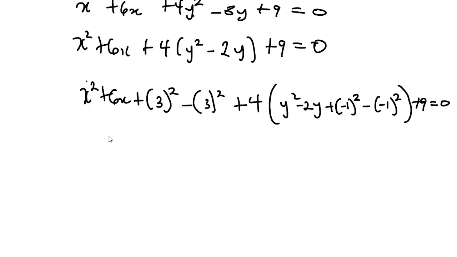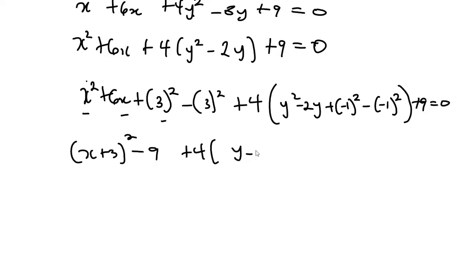And this is going to give us, the first three terms here will give us x plus 3 all squared minus 9. Then we have plus 4 here, and the first three here will give us y minus 1 all squared, then minus 1, then plus 9 equal to 0.